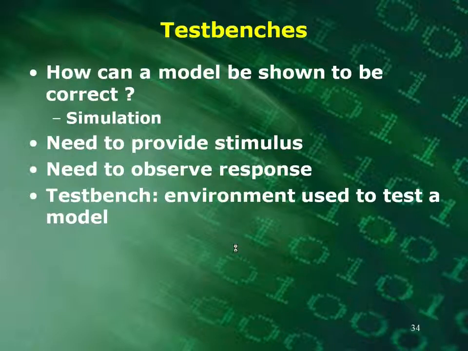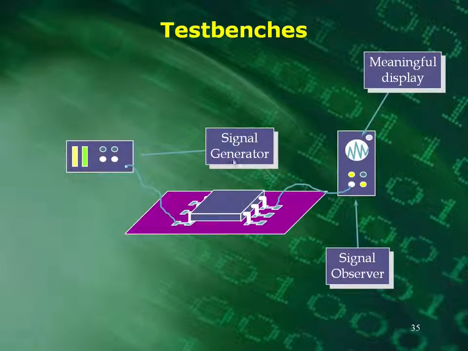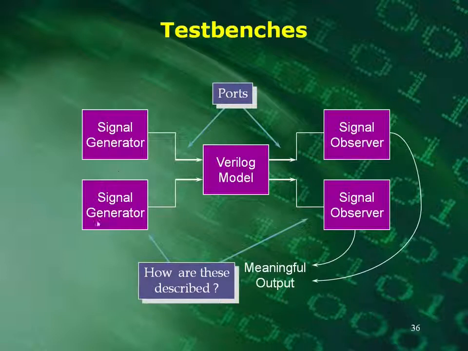In real life, maybe you have a signal generator and some test equipment, an oscilloscope to look at signals coming out, and you would physically hook up to your circuit. If we were to model that in Verilog, we would have one or more signal generators going into our Verilog model, and then for the outputs, we need something to observe the signals coming out.